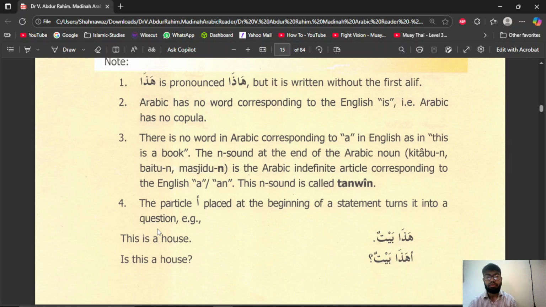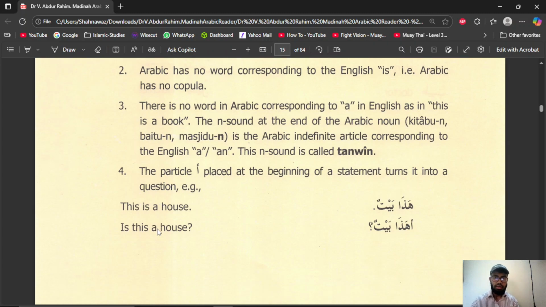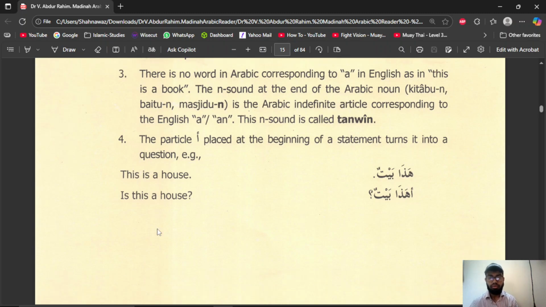The second is that Arabic has no word for the "is" that we use in English. The tanween sound, baitun, masjidun, the "un" sound, corresponds to "a" or "an" in English. And if you put alif in front of hada, any statement converts into a question like "is this" or "is that".